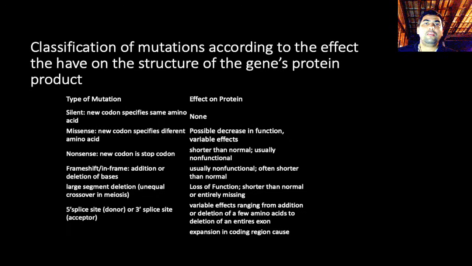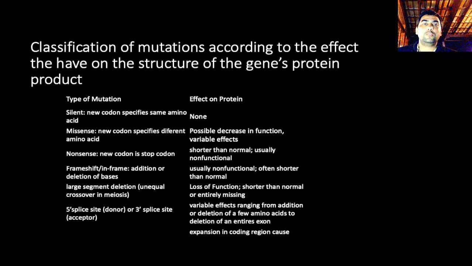The effect on the protein is none. The protein will be exactly the same. In missense mutation, a new codon specifies a different amino acid, possibly decreasing function, and this change can be variable in effects.